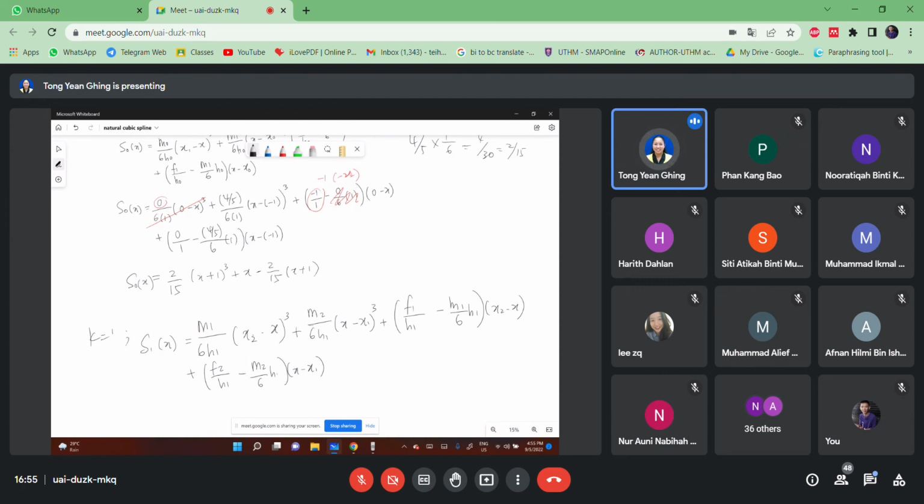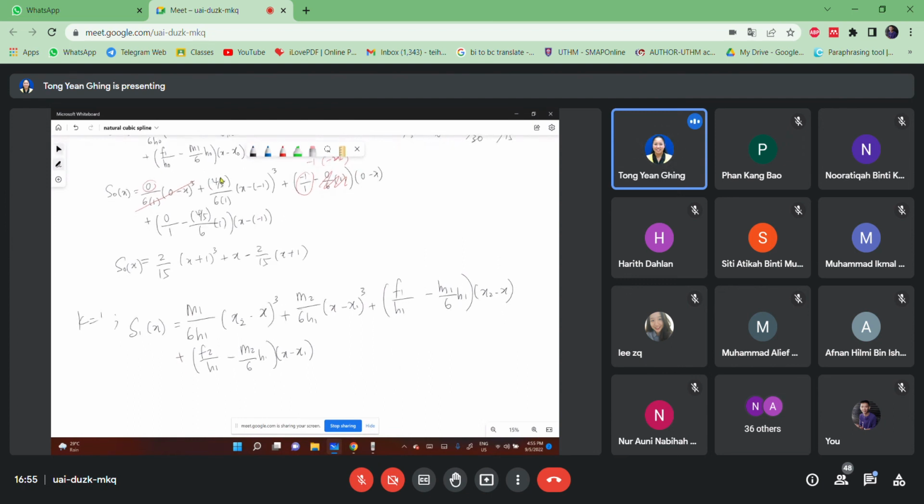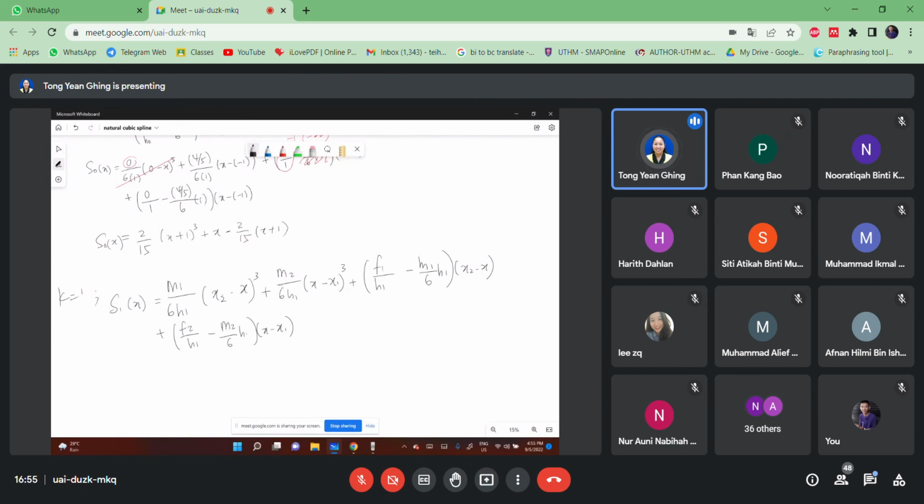So this is to substitute the value of M1, M2, and then the value of H and the value of x and also the value of F. So S1 of x equals, this one is 4 over 5. x2 is 1 minus x power of 3 plus M2 is negative 16 over 5 divided by 6 times 1, x minus x1 is 0, power of 3 plus F1 is 0, H1 is 1.